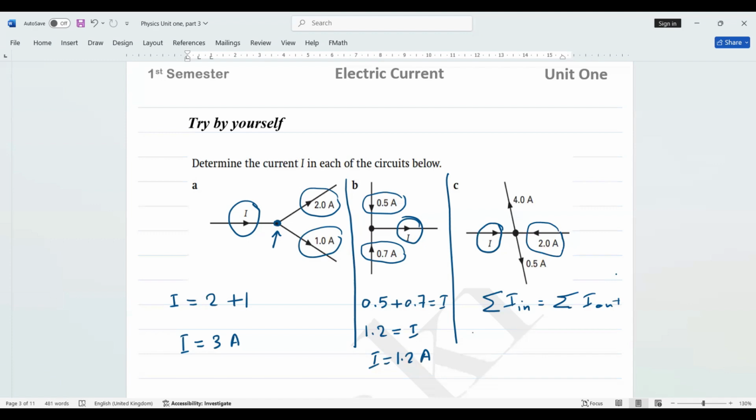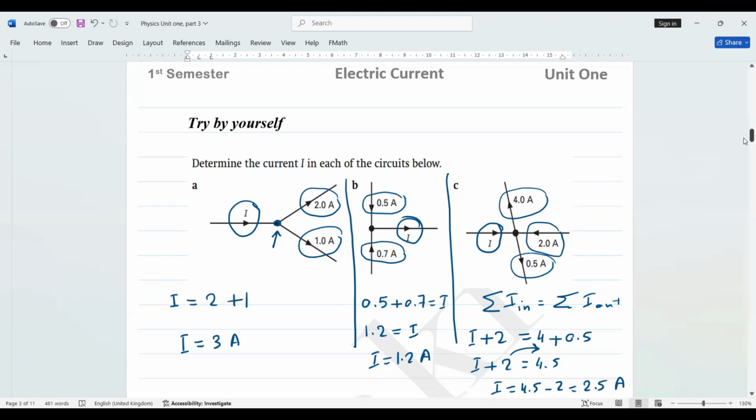Currents out are 4 ampere and 0.5, so the sum of currents out is 4 plus 0.5. I plus 2 equals 4 plus 0.5, which is 4.5. Shift 2 to the other side, then I equals 4.5 minus 2, which is 2.5 ampere.